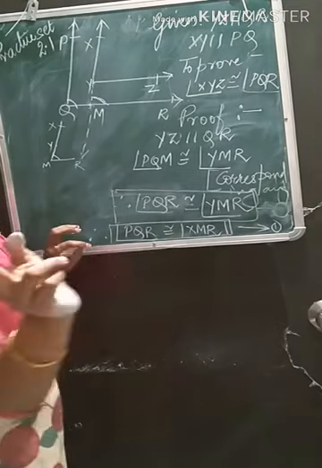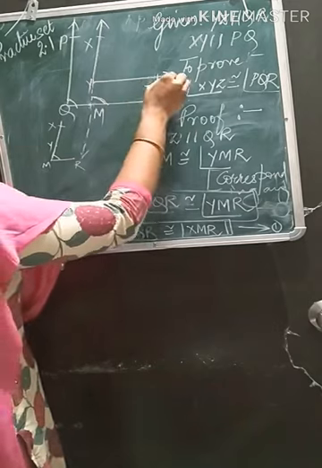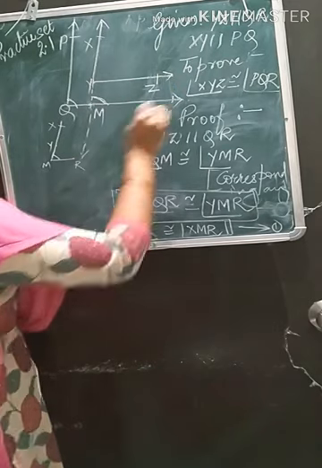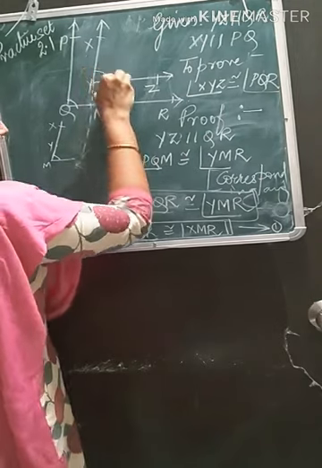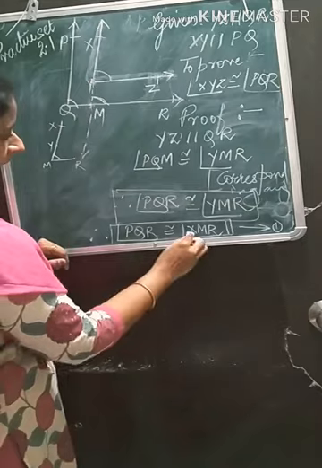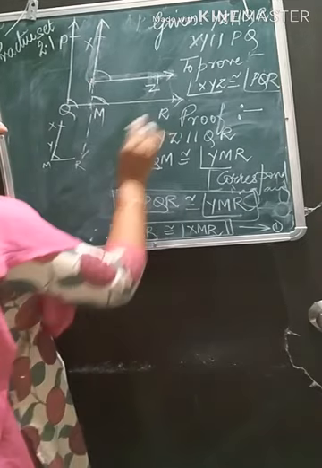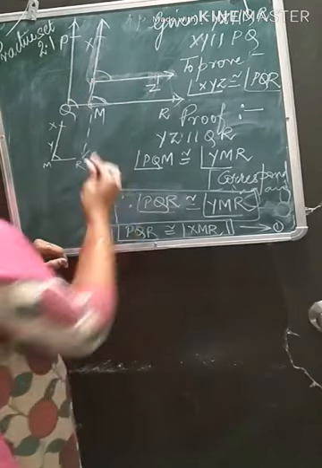XYZ and XMR, is there a relation? Find out. What about these two? XYZ, this angle, and XMR. How are they looking? XMR means YMR only, you know.